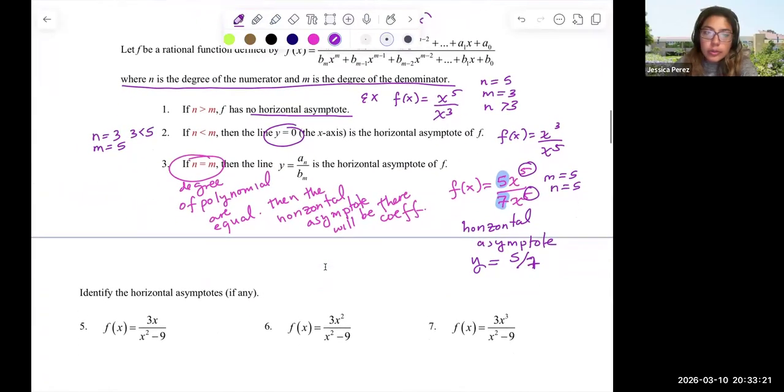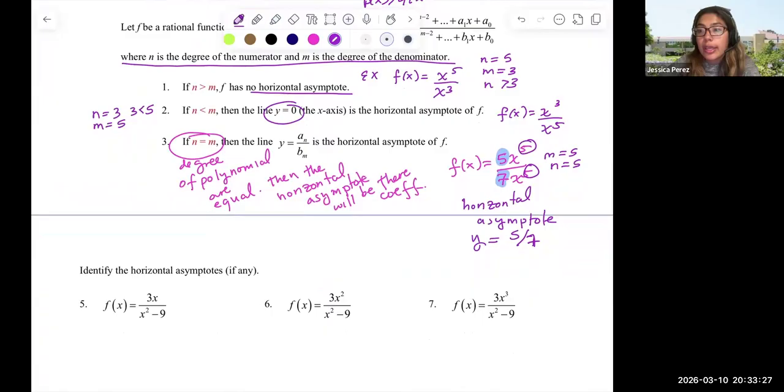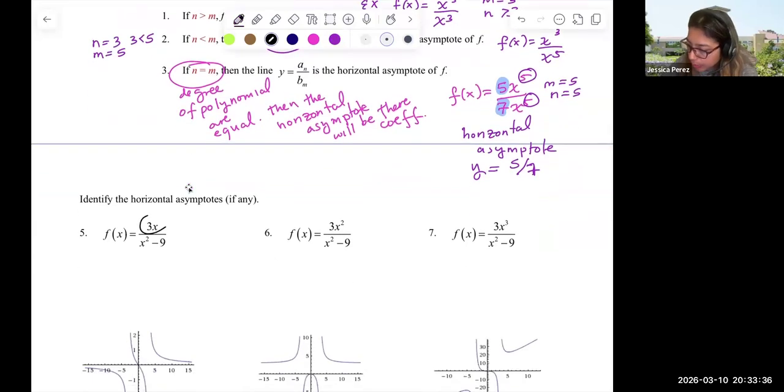So what I'm going to do on the following questions, 5, 6, and 7, is focus on the degree of the polynomial. Okay, so let's do that together. So the first thing I have to look at is 3x over x squared.